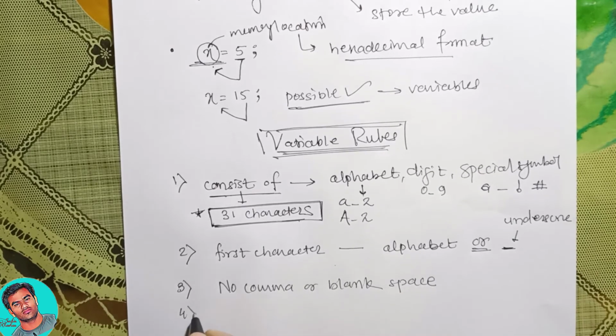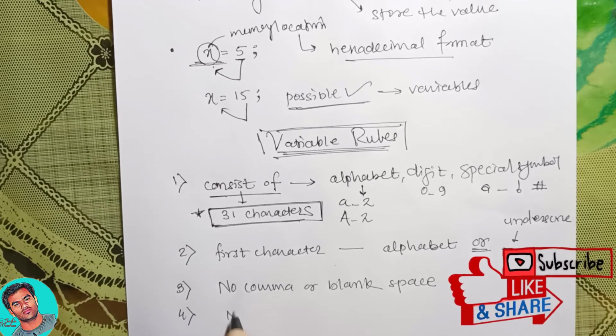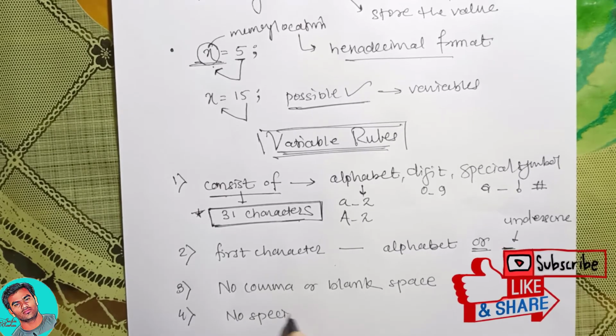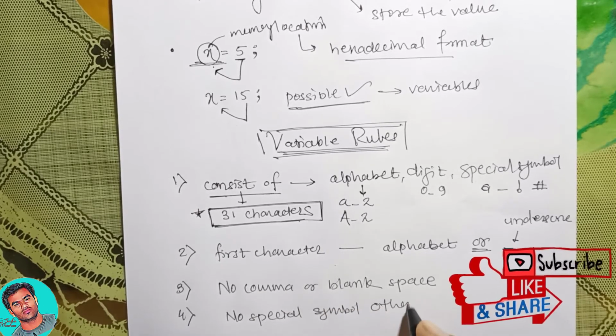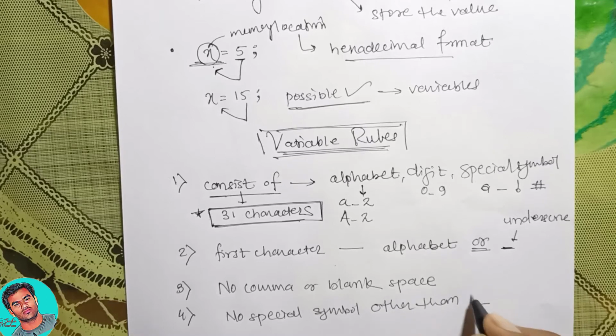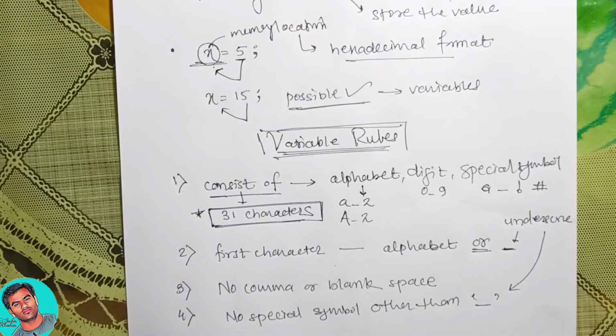The next rule is no special symbol other than an underscore. No special symbol other than an underscore. This is very much important.